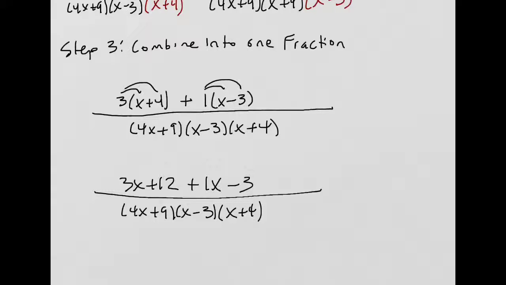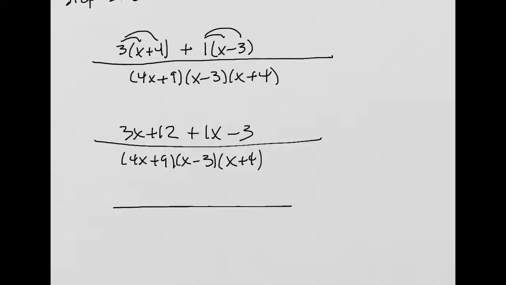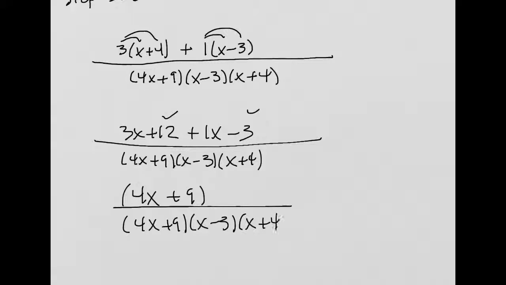So now when I combine like terms, if I combine my x's, I've got 3x and 1x is 4x, and then I've got this 12 here, and this minus 3 is plus 9. And then in the bottom I've got 4x plus 9 times x minus 3 times x plus 4.